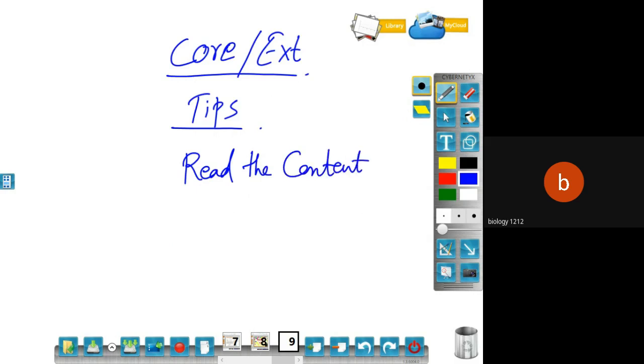I'll share the syllabus also. Read the content and syllabus very carefully, for both core and extended. The second thing is don't follow your friends.